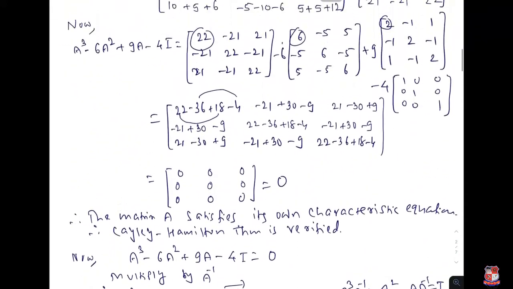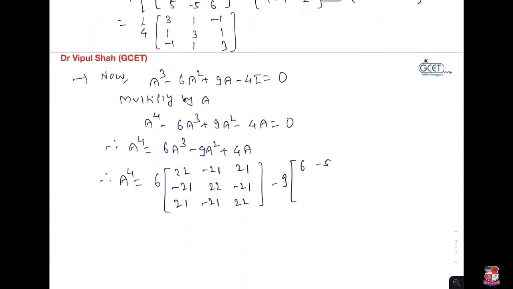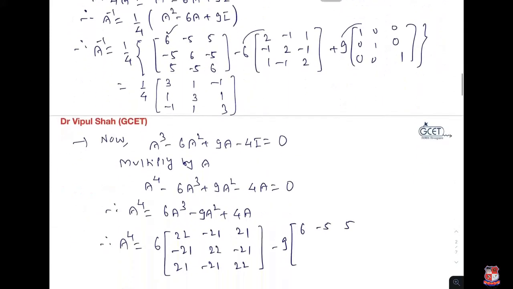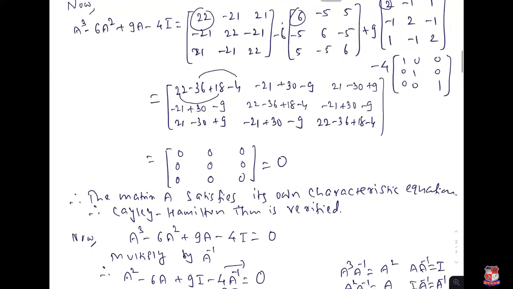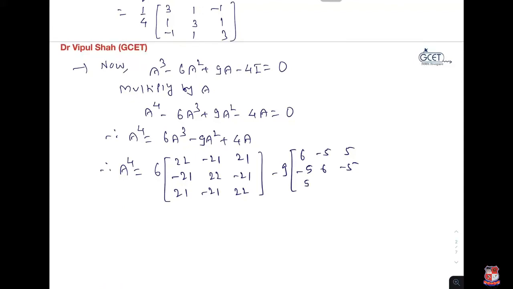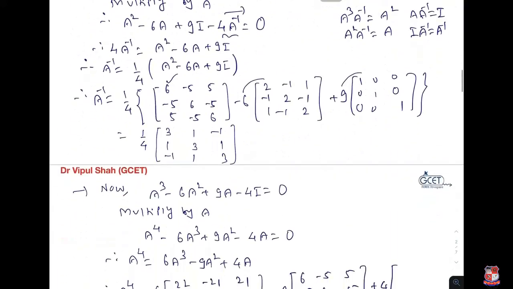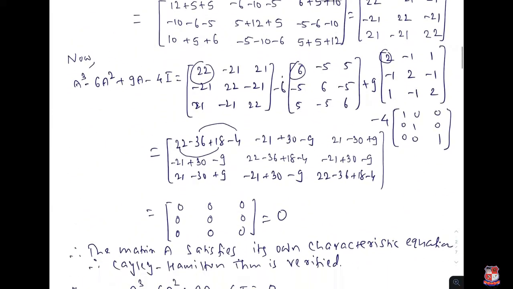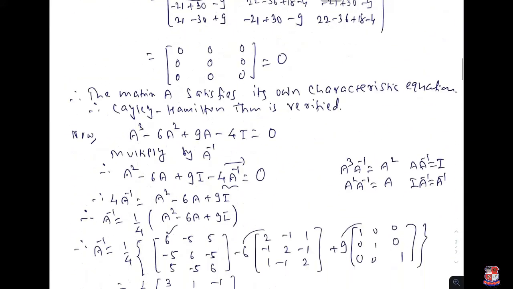A square is 6 minus 5 5, minus 5 6 minus 5, 5 minus 5 6. And plus 4A, that is nothing but 2 minus 1 1, minus 1 2 minus 1, and 1 minus 1 2.